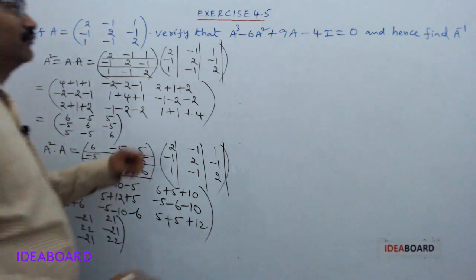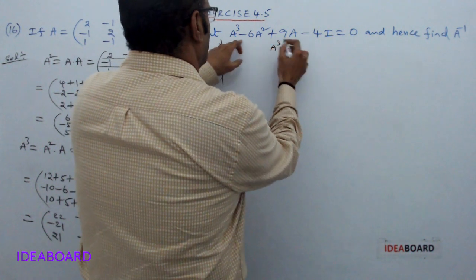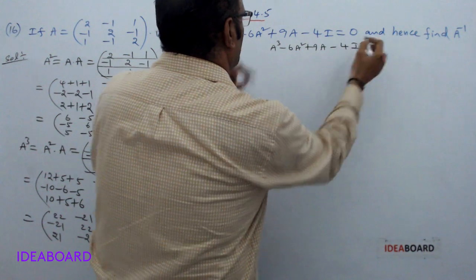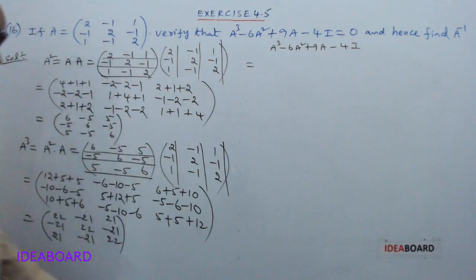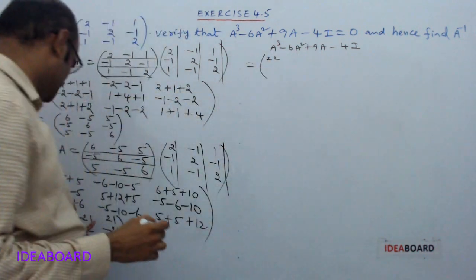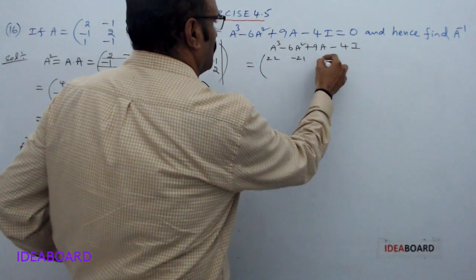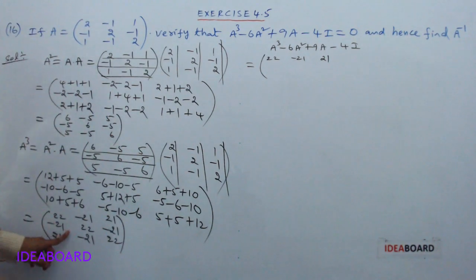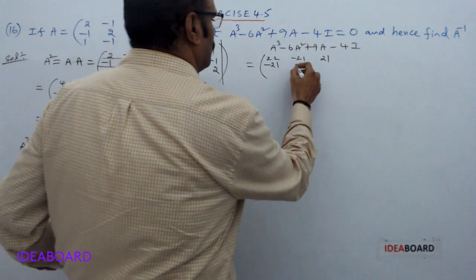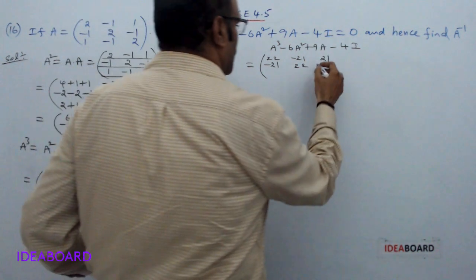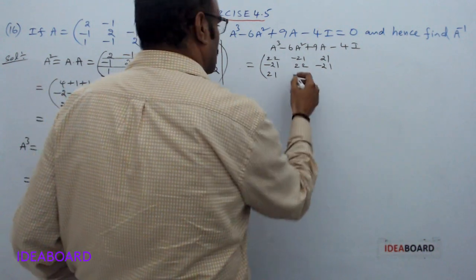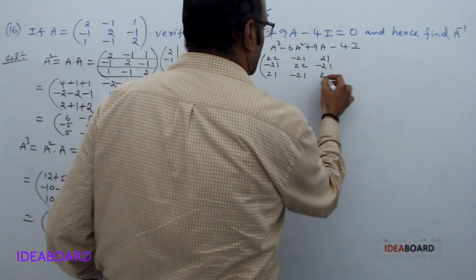Now we have to find A cube minus 6A square plus 9A minus 4 into I. A cube equal to 22 minus 21 21, minus 21 22 minus 21, 21 minus 21 22.